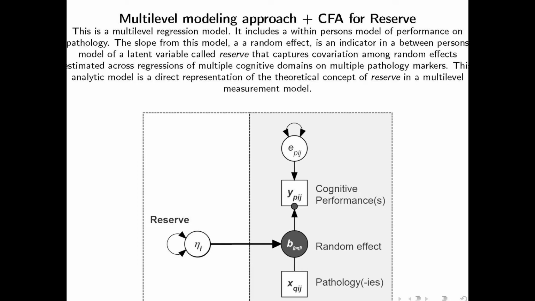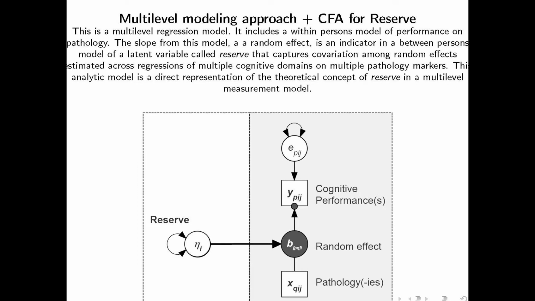Although my reserve variable is going to be a latent variable and it's going to have reflective indicators, and those reflective indicators are going to be random effects from regressions of cognitive performance on brain pathology measures. And so this is kind of a longitudinal data analysis, because to do a random effects model I would need repeated measures of cognition and repeated measures of brain pathology.